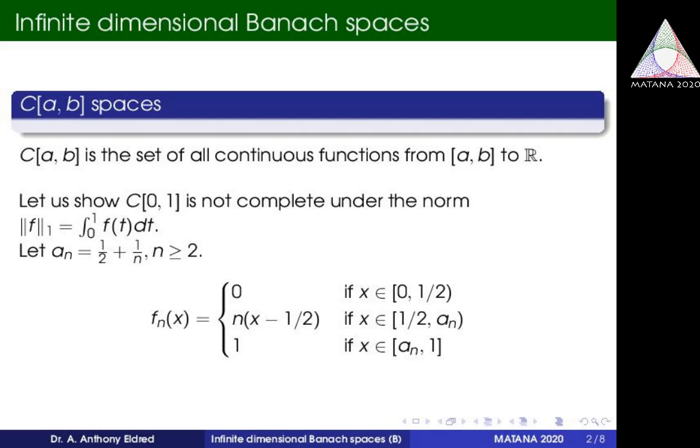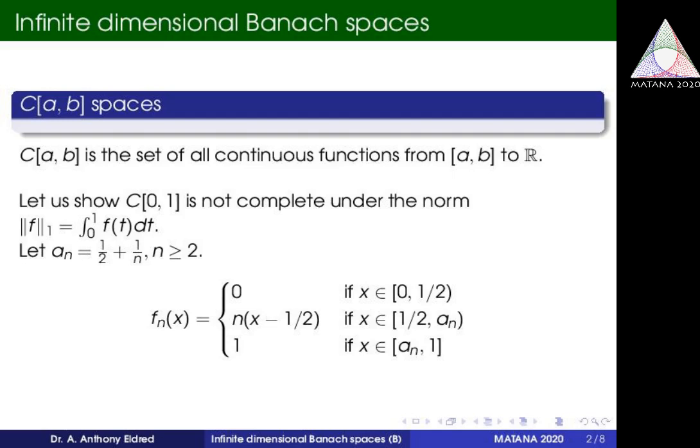We define f_n(x) = 0 for all x from 0 to 1/2, f_n(x) = n(x - 1/2) for all x belonging to [1/2, a_n], and f_n(x) = 1 for all x belonging to [a_n, 1].